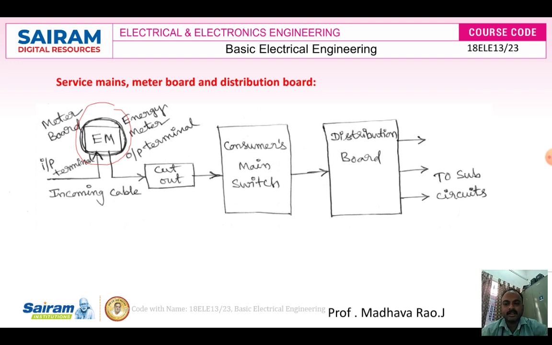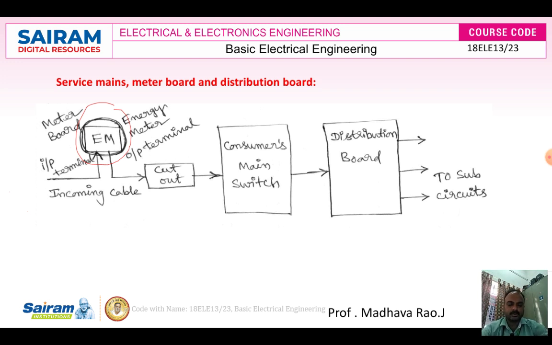Generally the energy meter and cutout are under the control of the electrical authority, the people who supply electricity to our homes and offices. The energy meter is used to calculate how much energy is used in your home or office. The energy consumed is calculated in units called kWh, kilowatt hour, and it is recorded in the energy meter.